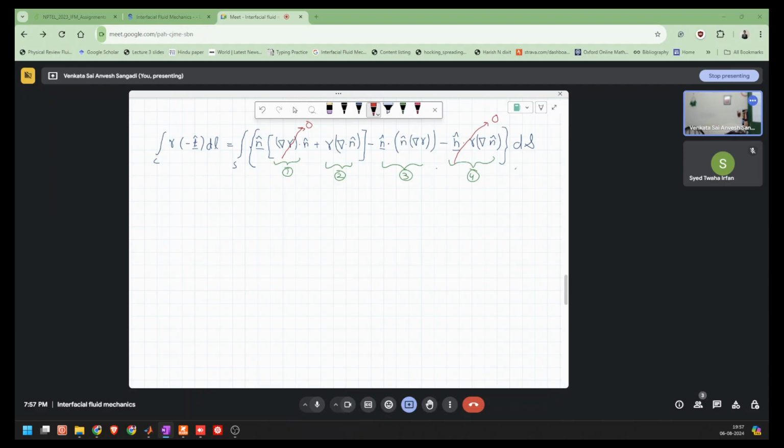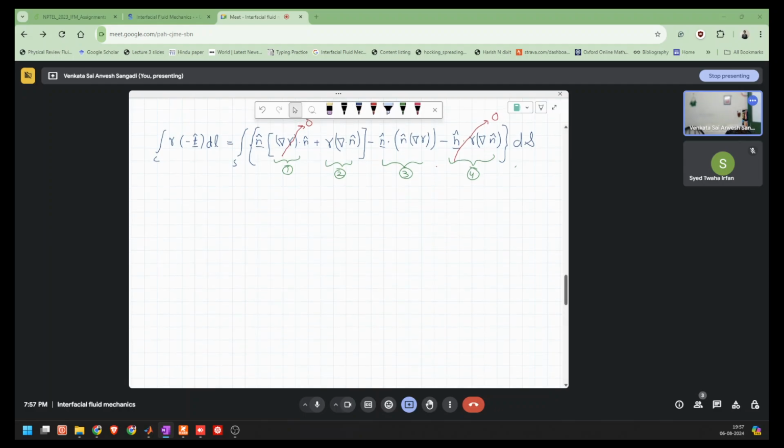Rewriting this equation: gamma e cap BL is equal to the surface integral of gamma, del dot n cap, dot n cap, gradient of S.